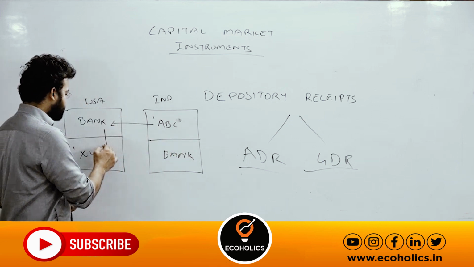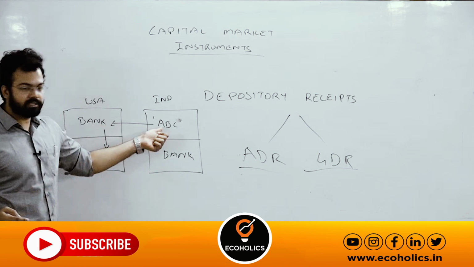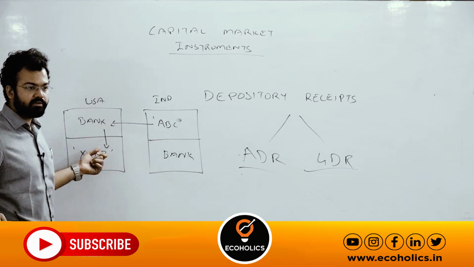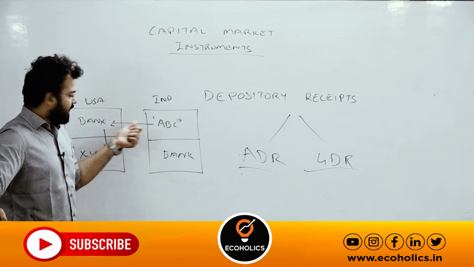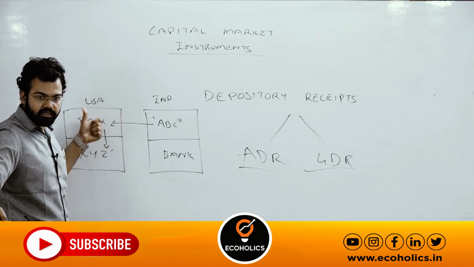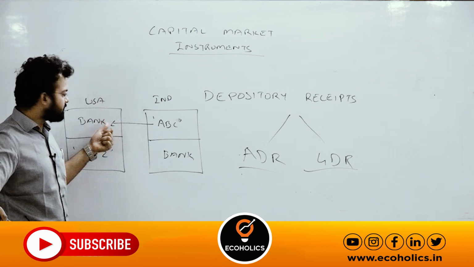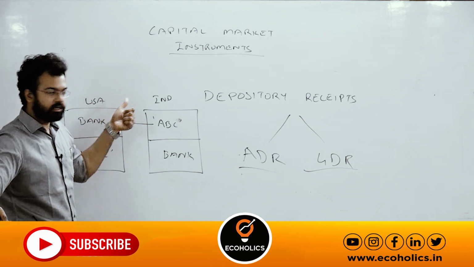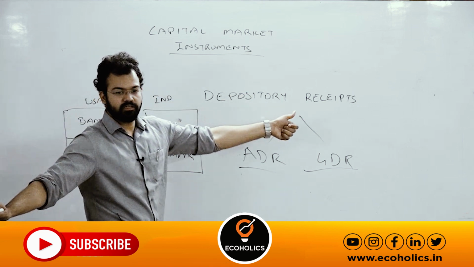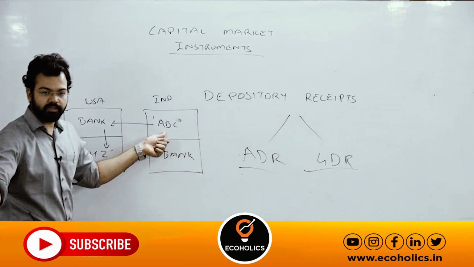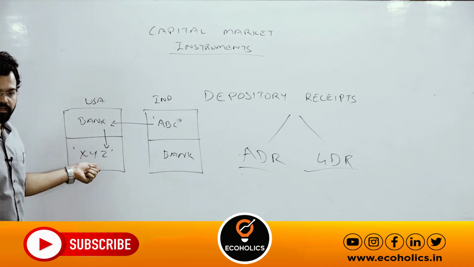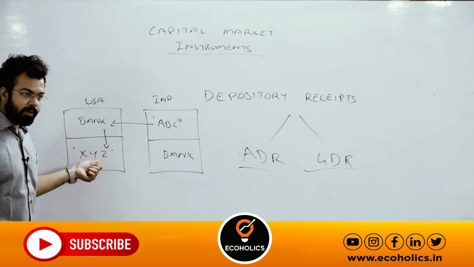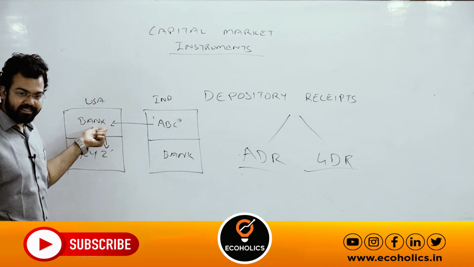So if company XYZ purchases the share of ABC company through this mediator, that is the bank, then this bank will give depository receipts to ABC and XYZ, and the flow of capital will only go to this bank.